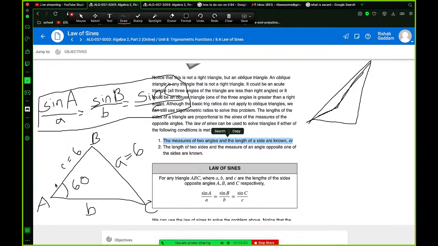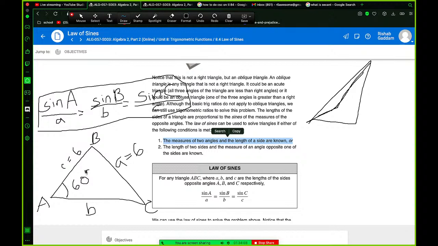So basically with this, you already know that it's an equilateral triangle, and you know that all of these sides equal 6 and all of the angles equal 60. But let's just try it using this formula, this property or law, whatever you want to call it. So C is equal to 6, A is equal to 6, and angle A is equal to 60 degrees.